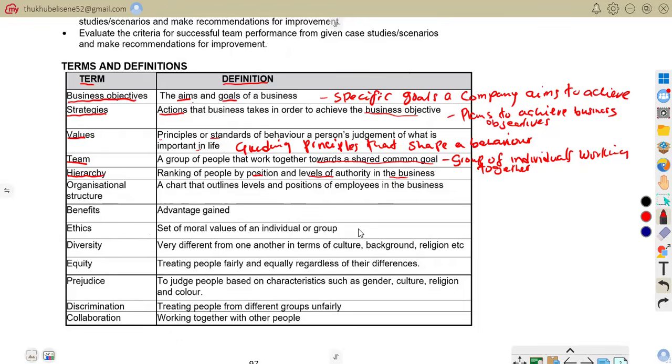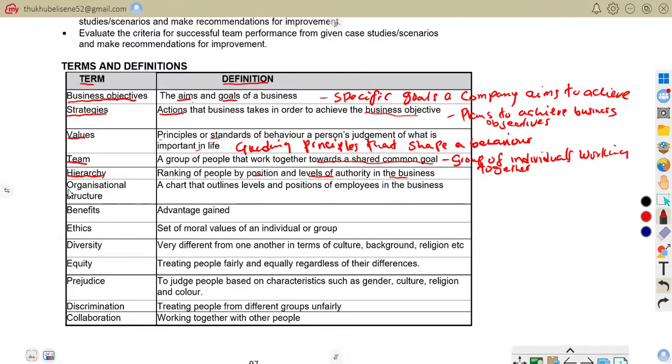It is an organizational structure with ranked levels. We can talk about the CEO, managers, employees. That's when you're talking about the organizational structure.